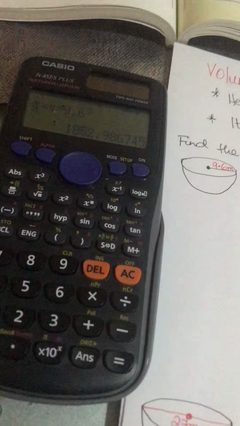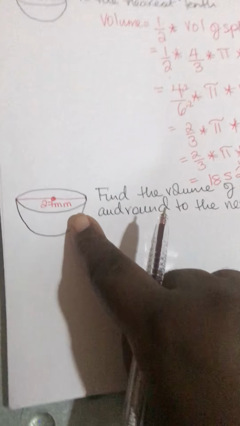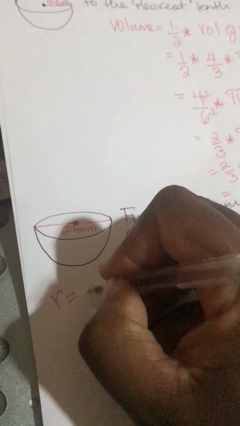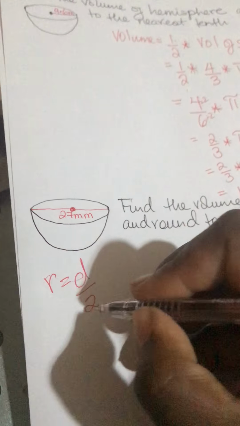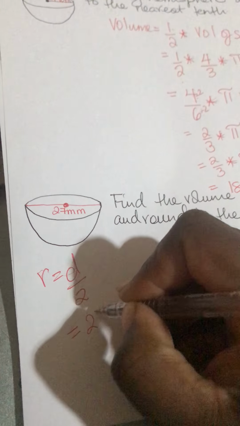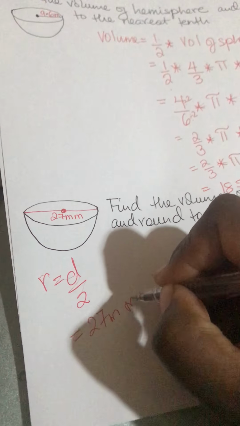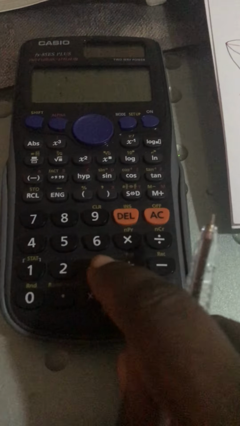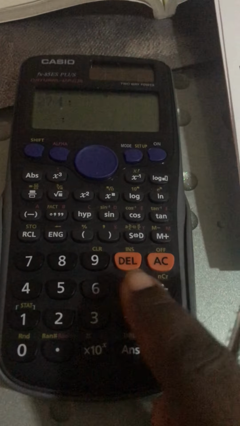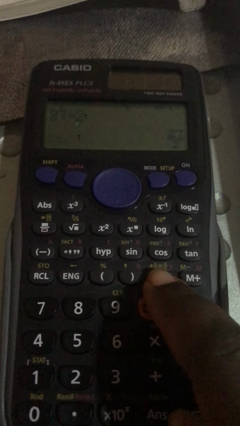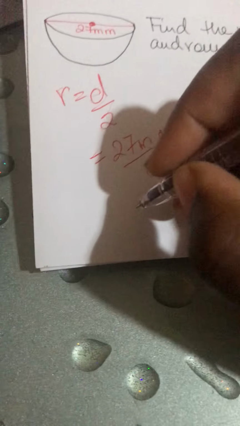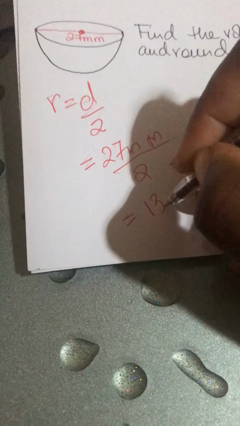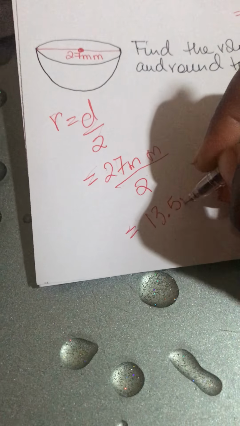Okay? So now we need to do this in 2 steps. Why? Because we have the diameter. So first find the radius. Radius is diameter divided by 2. 27 millimeter divide by 2. And I take my calculator. 27 divided by 2. 13 5/10 millimeter.